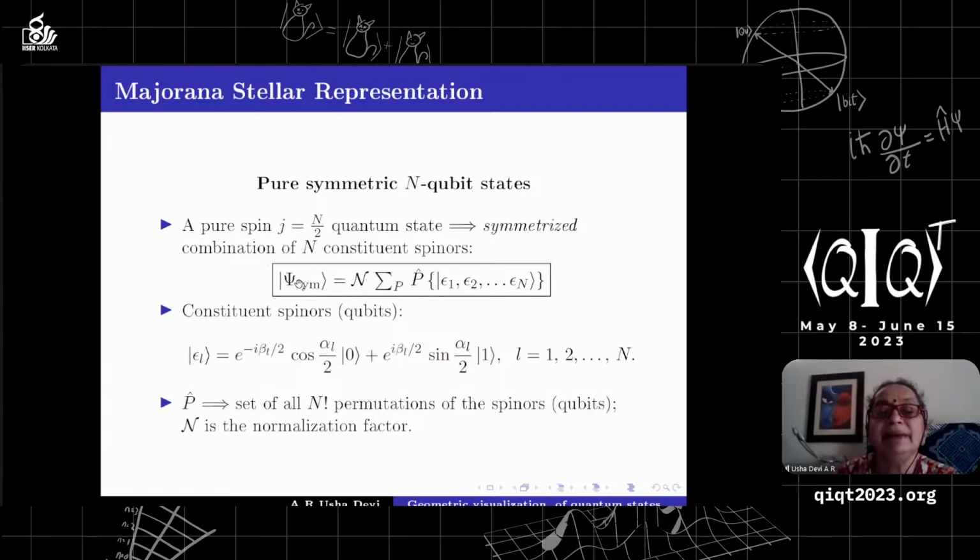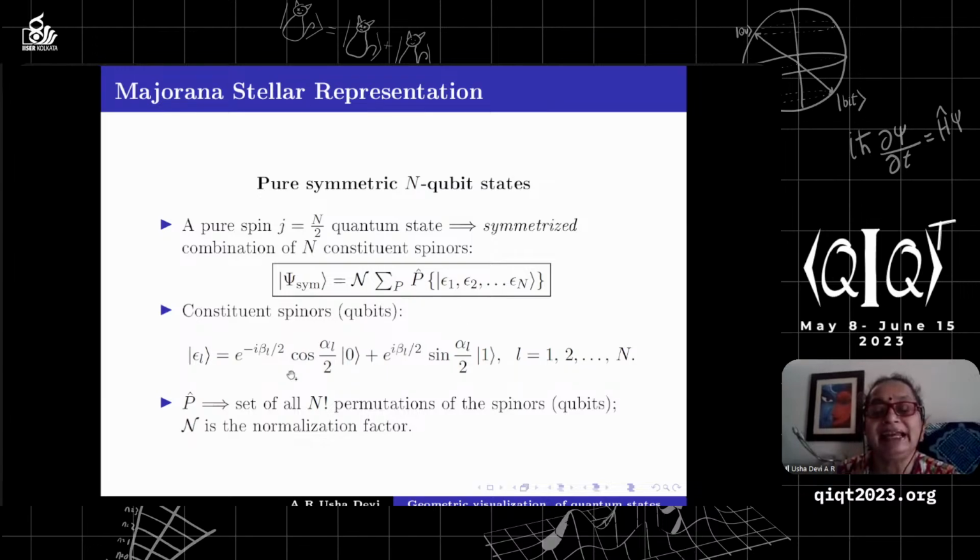He says the symmetric psi is nothing but I take qubits. The qubit state is given by this, which we have seen. Any pure state of a qubit is written like this. Majorana calls it constituent spinors. Take a state like this and you put them in order and symmetrize them so that the state is permutation symmetric. Under interchange of two particles, it will remain the same.